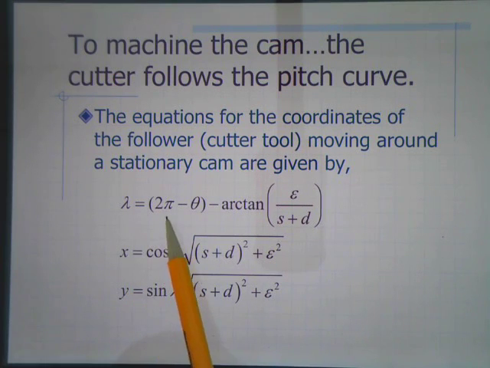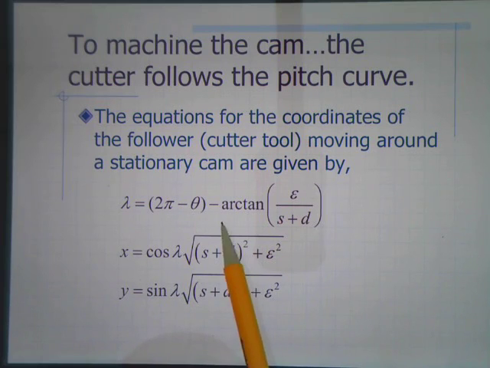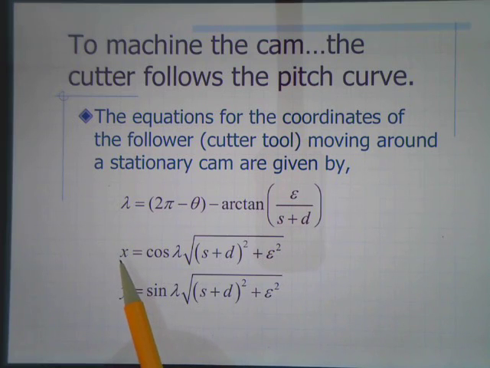We have a lambda, which is 2 pi minus theta, where theta goes from 0 to 360, minus the arctangent of our eccentricity divided by our s plus our d. Then the x coordinates of our cam are as follows, and the y coordinates of our cam are as follows. There's a lot there.